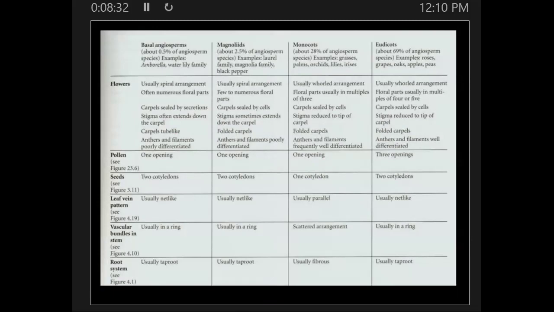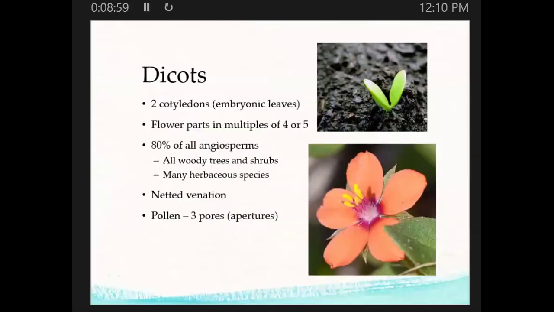These are common characteristics that they're using to classify the different angiosperms and fit them onto a phylogenetic tree to show how they went through the evolutionary process, how they're related or distantly related to each other. So this is a good table to look at when you're studying. Some of the subsequent slides are going to flesh out some of these concepts a little bit.